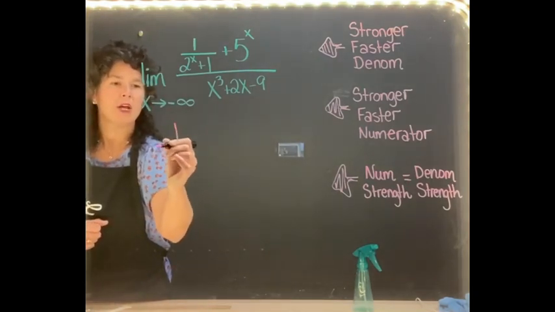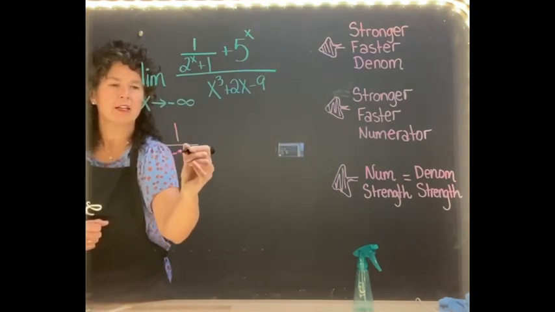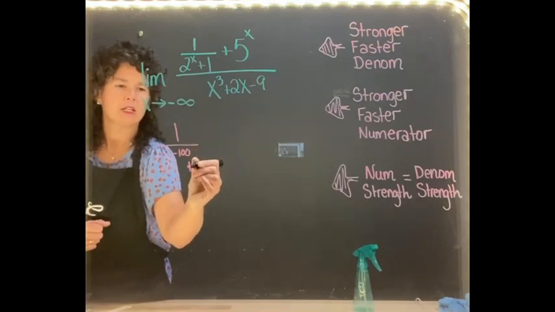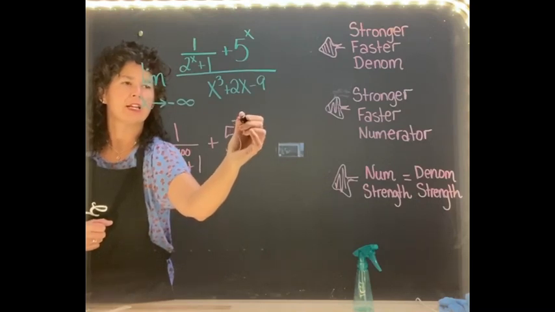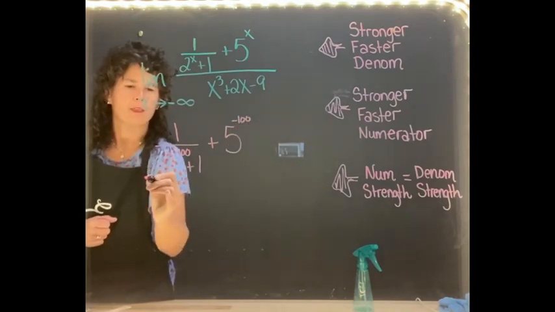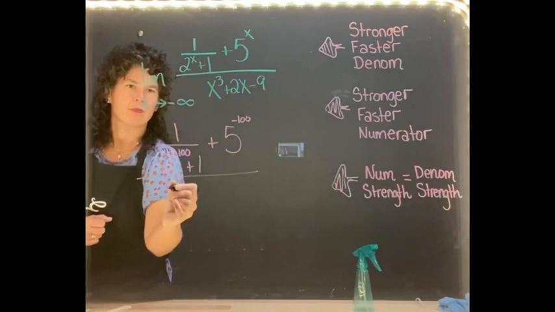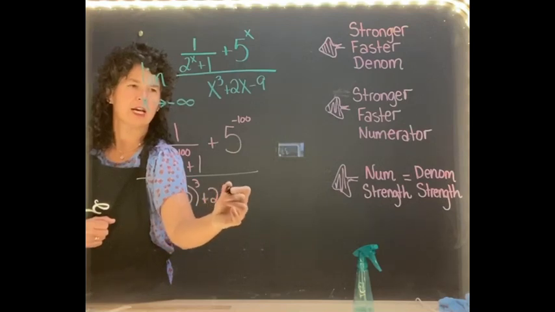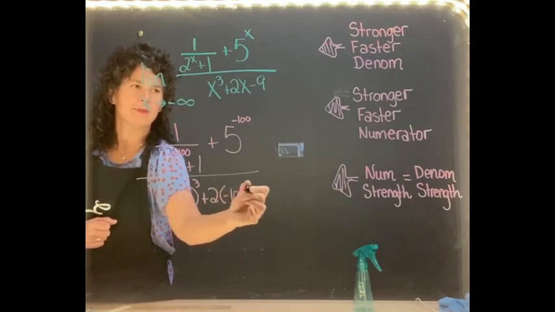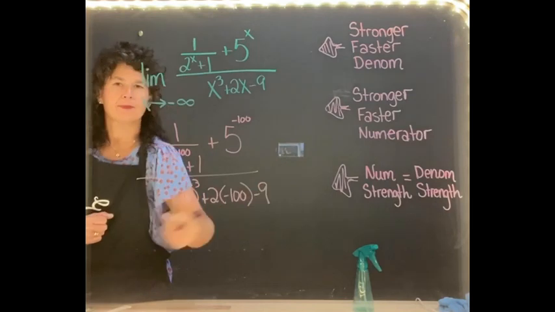That would be 1 over 2 to the negative 100 plus 1 plus 5 to the negative 100 over negative 100 cubed plus 2 times negative 100 minus 9.